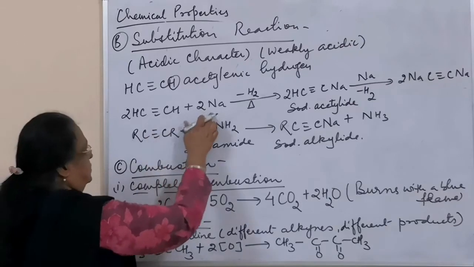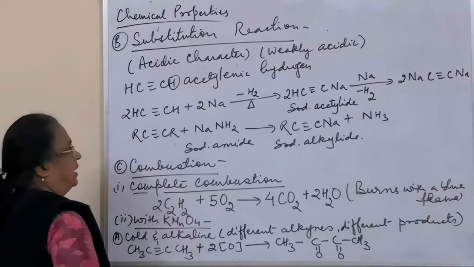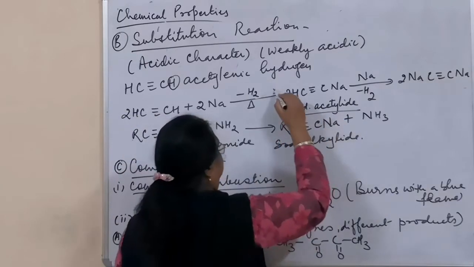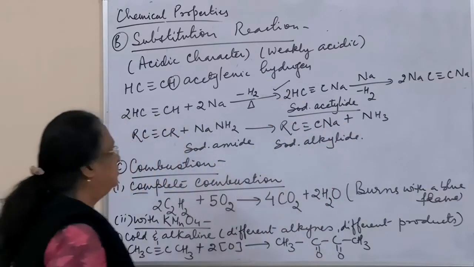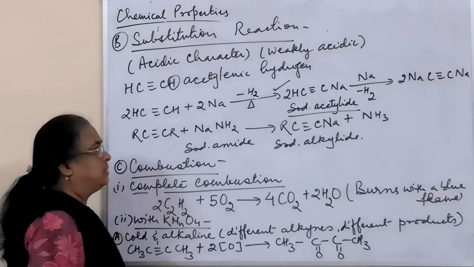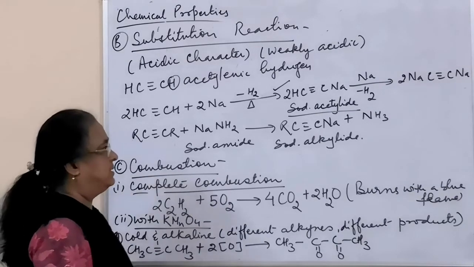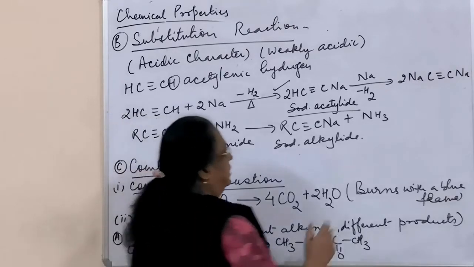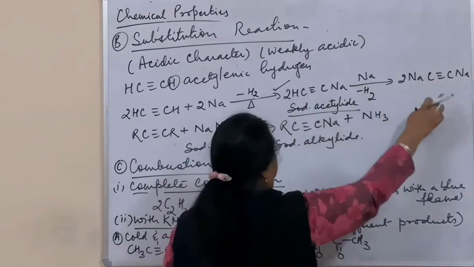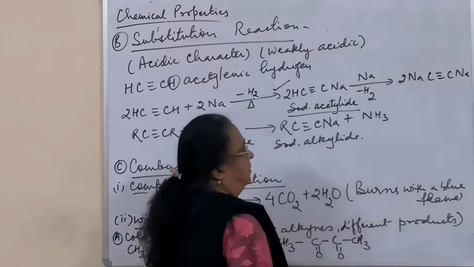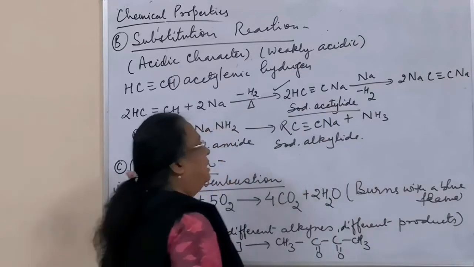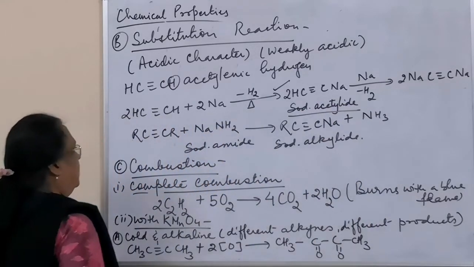The compound which is formed is called sodium acetylide. Very important reaction. So hydrogen can be replaced from acetylene by sodium, and a salt is formed, that is sodium acetylide. The reaction can go further. This hydrogen can also be out, and we can obtain disodium acetylide, but this is not obtained as easily as the first one.